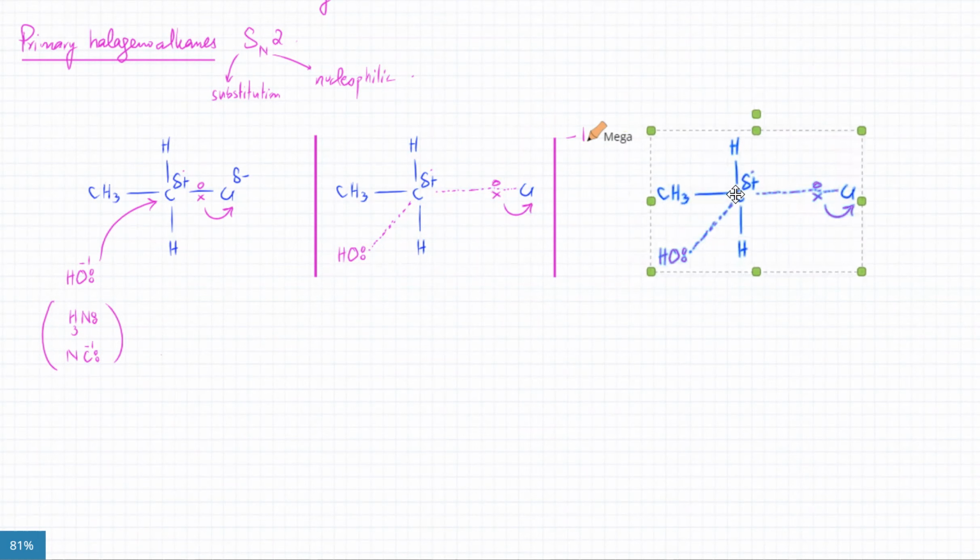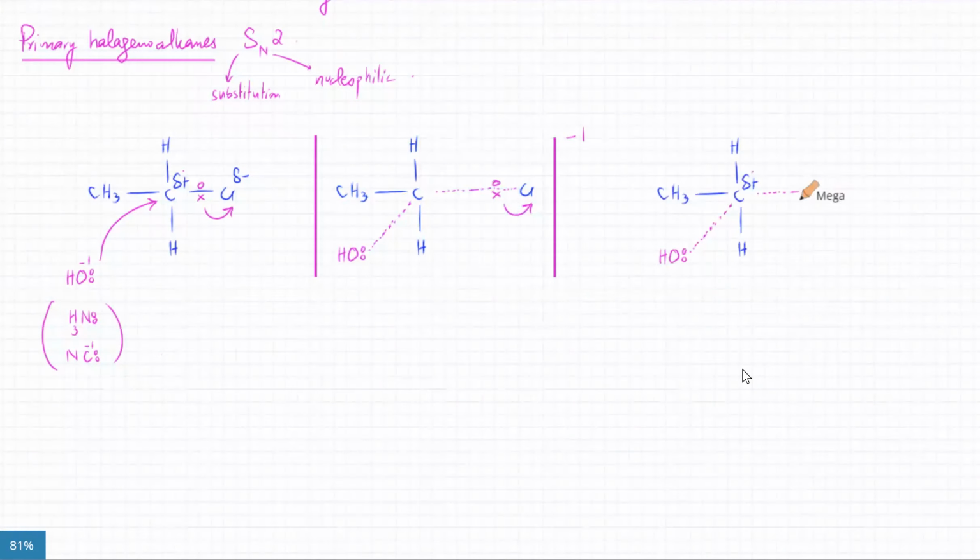So the final last step in this entire process is that the Cl just leaves with the electron. So you've got a Cl which is -1 now, and the OH has come in and joined up with this carbon, which was positive. So the OH has now taken its place, and that has resulted in the formation of an alcohol.